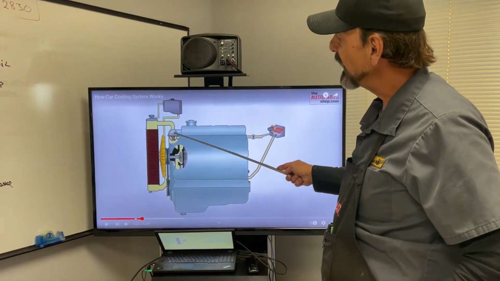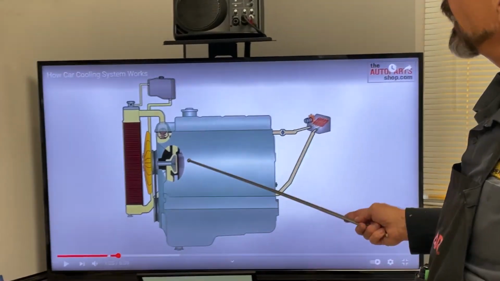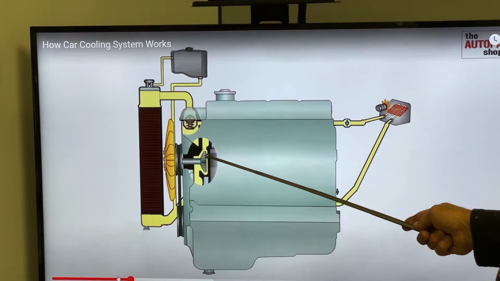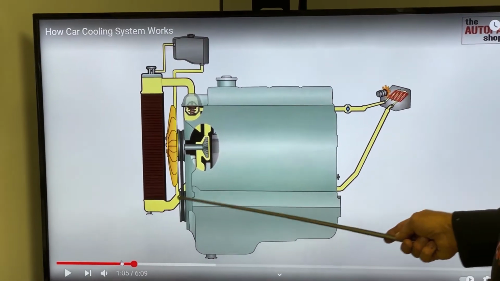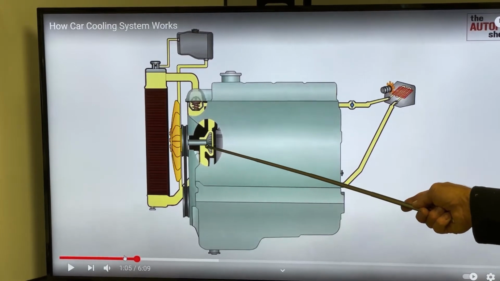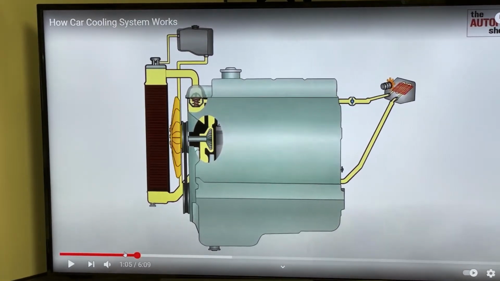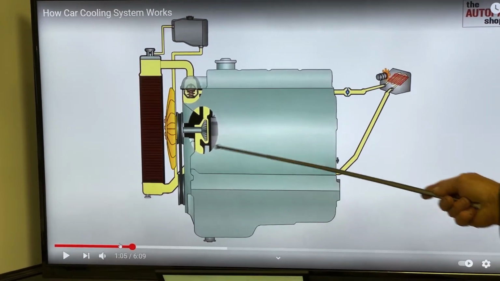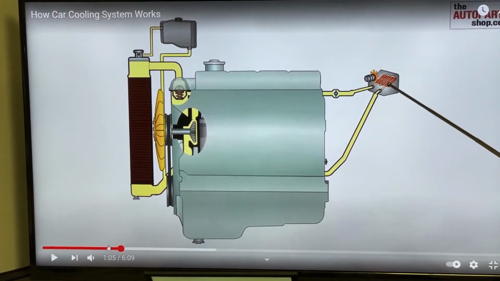You can kind of see an X-ray view of it here, and I'll show you how it works in a moment. But we can kind of see that the water pump is pulling coolant from the radiator through the pump and to the water jackets first. So that is where that coolant is going, as well as the heater core.